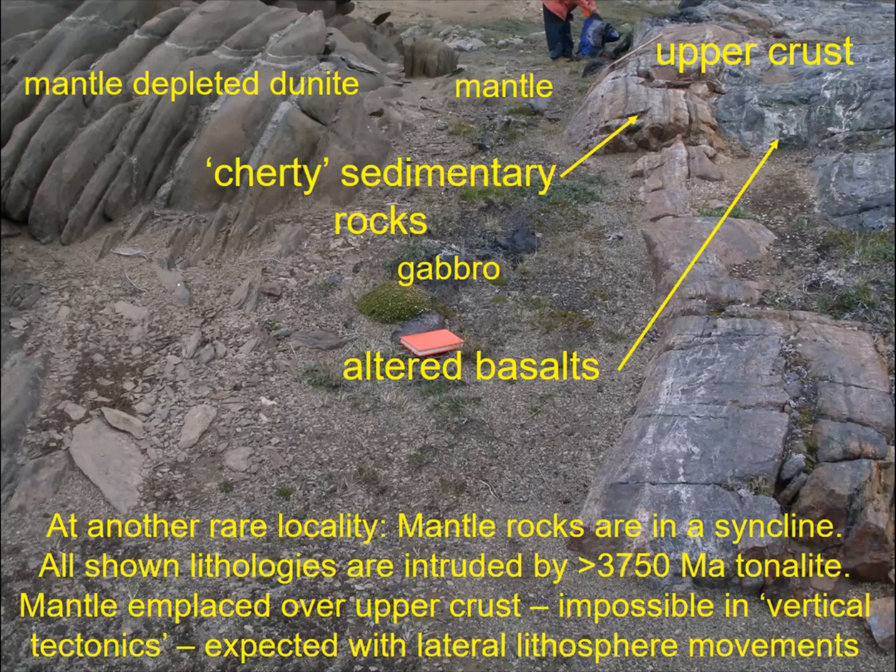Of course, it's all been metamorphosed through amphibolite facies. And all of the rocks shown there have been intruded by tonalite with an age of over 3,750 million years. So this is a case where you can actually see slices of mantle emplaced over the upper crust. Again, this is what you'd simply expect in a sort of plate tectonic scenario.